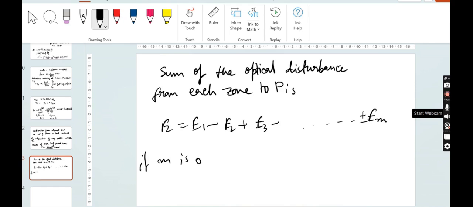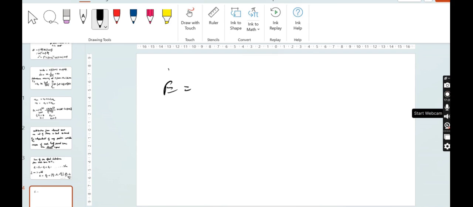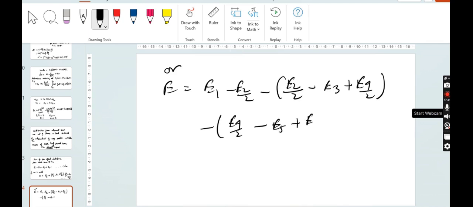If M is odd, then the series can be written like this: E1 by 2 plus E1 by 2 minus E2 plus E3 by 2 plus E3 by 2 minus E4 plus E5 by 2 and so on, or E as E1 by 2 plus (E1 by 2 minus E2 plus E3 by 2) plus (E3 by 2 minus E4 plus E5 by 2).